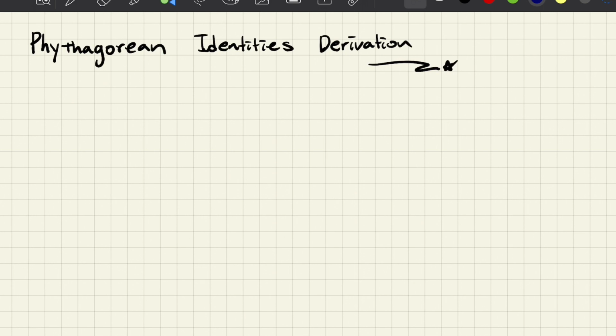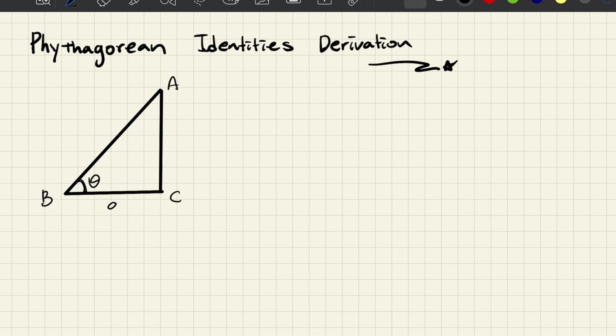I'm going to draw the right triangle here and label it A, B, and C. I'm going to identify this angle here as theta, and this side as a, this side as b, and this side as c.